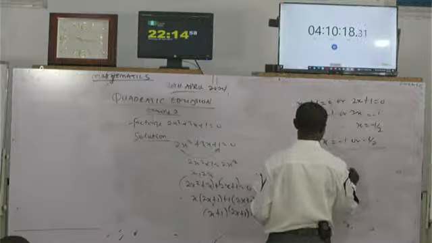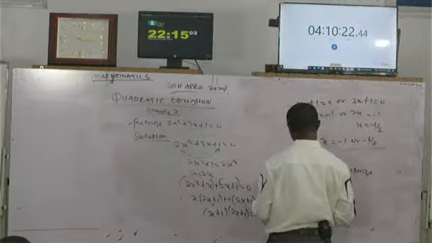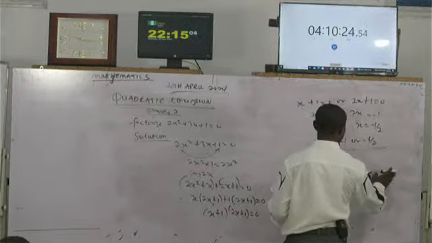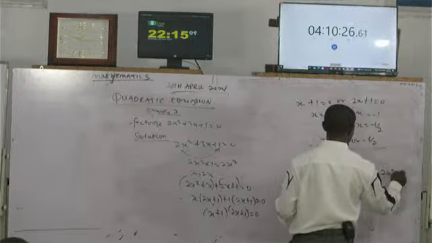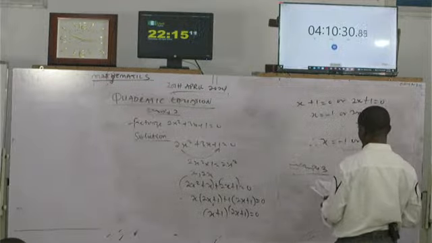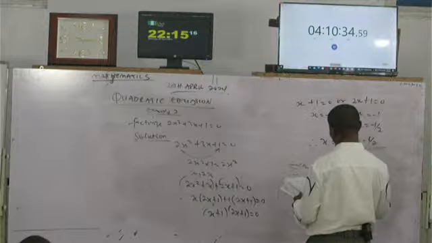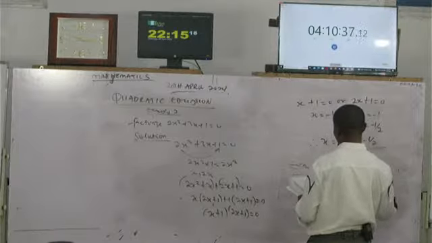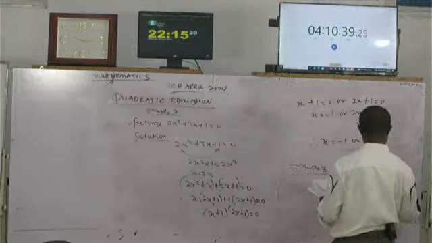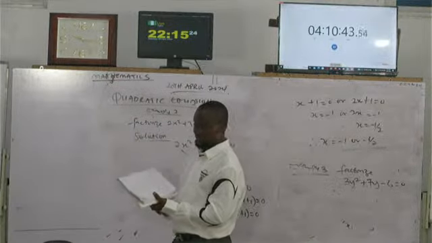Let's say: factorize 3y squared plus 7y minus 6 equals 0. You factorize that.